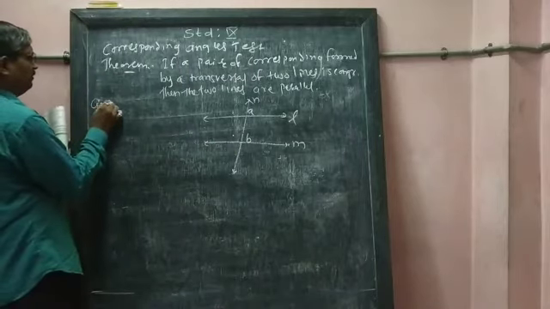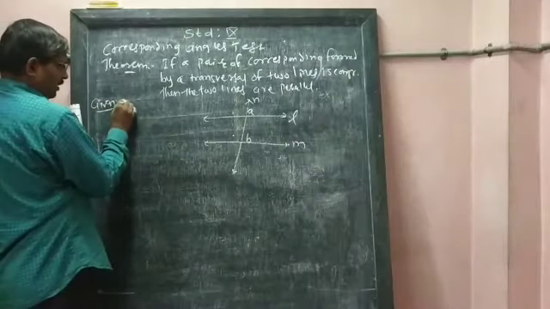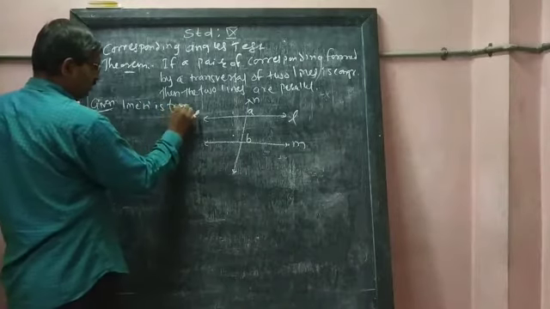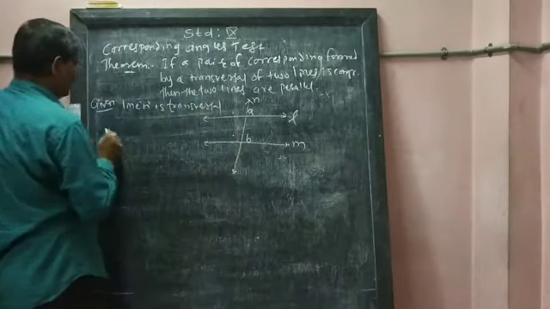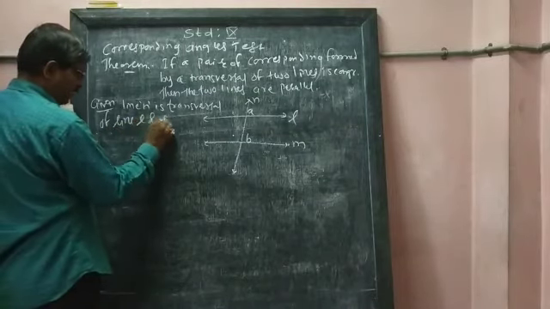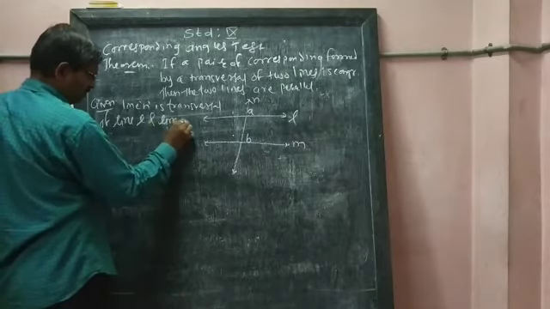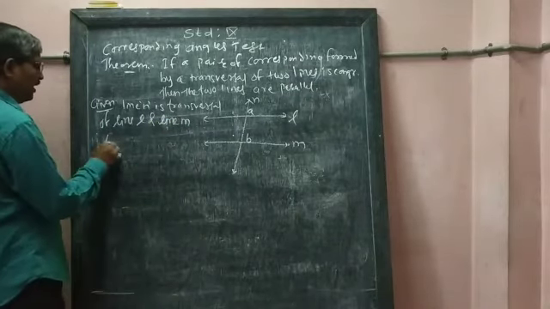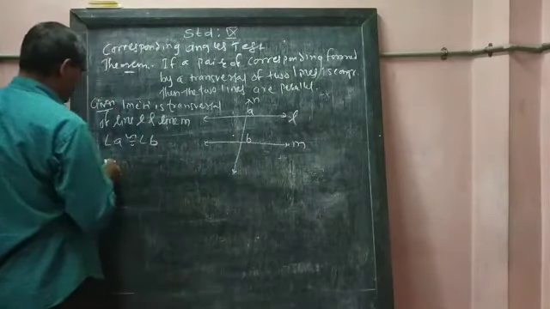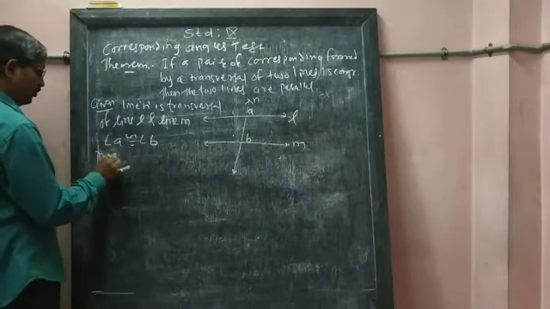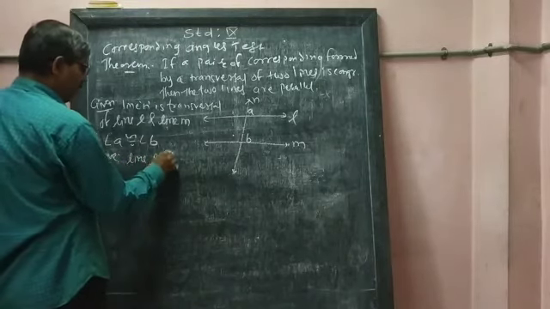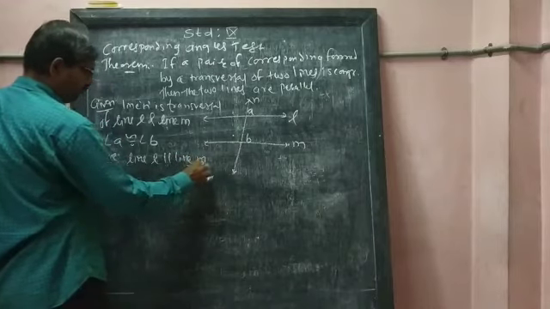I will write given: line N is transversal of line L and line M. Angle A congruent angle B. Angle A and angle B are corresponding angles. These are given congruent. Then we should prove: line L parallel line M.